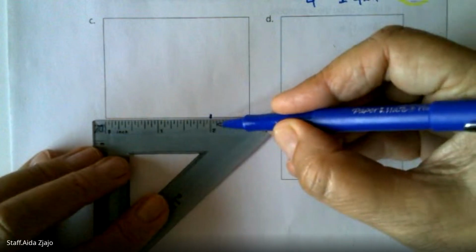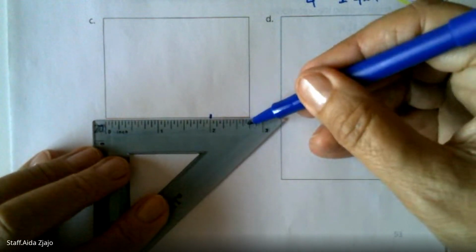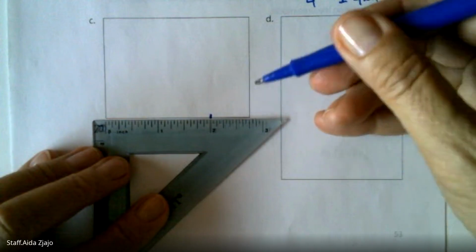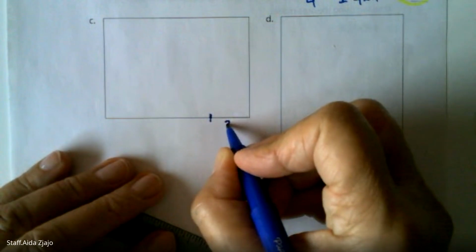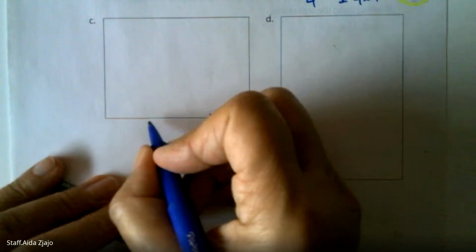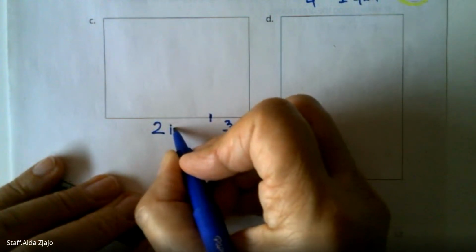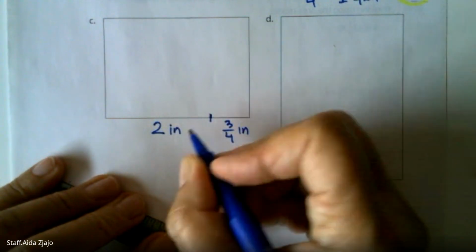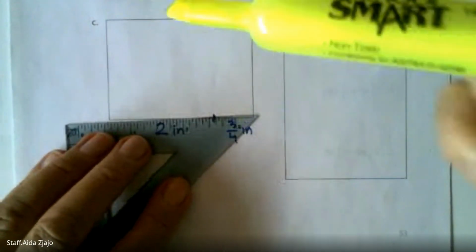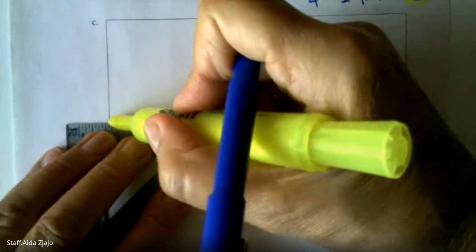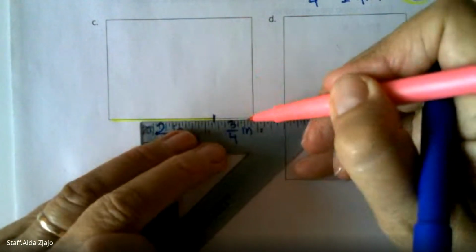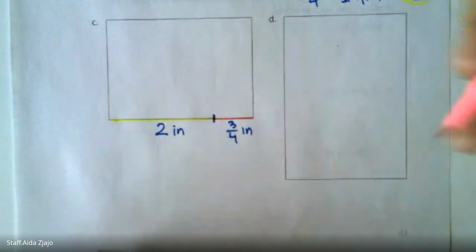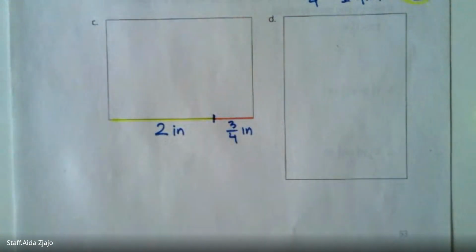And then I will have here 1/4, 2/4, 3/4 inch. So this here is 3/4, and this is 2 inches.